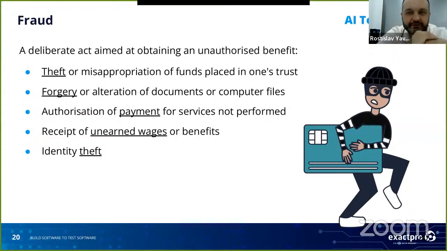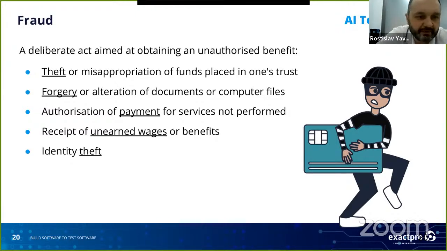So let's start from the definition. What's fraud? Fraud is actually criminal behavior. It's a deliberate act aimed at obtaining unauthorized benefits. And here are some examples of fraud: theft of funds, forgery of documents, payment which was not authorized by stakeholders, or wages which were not earned.